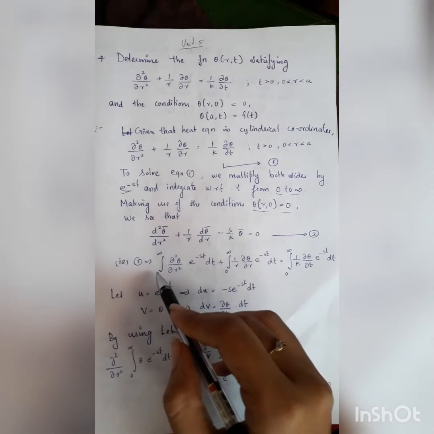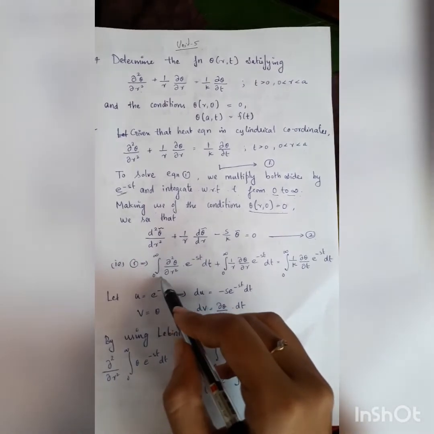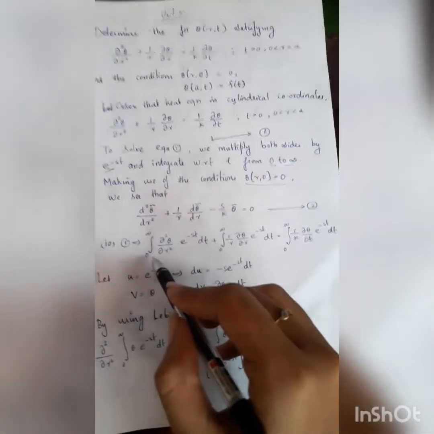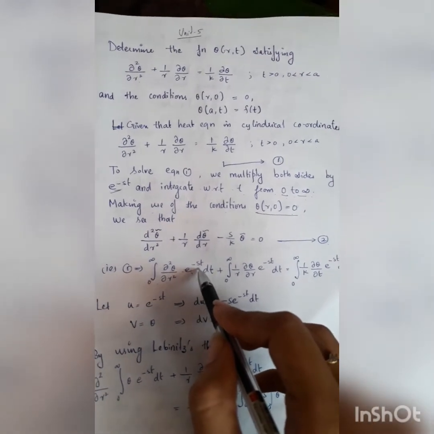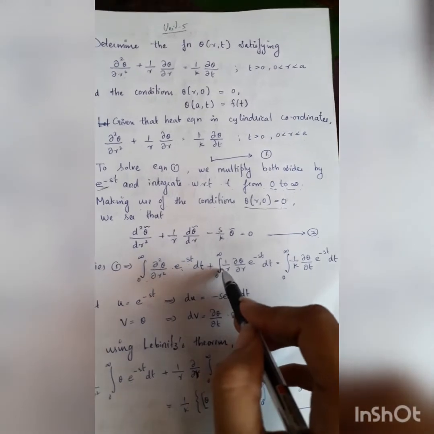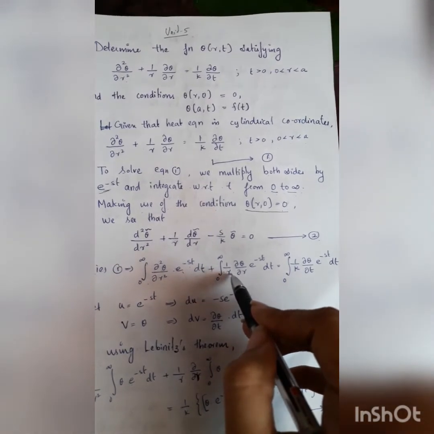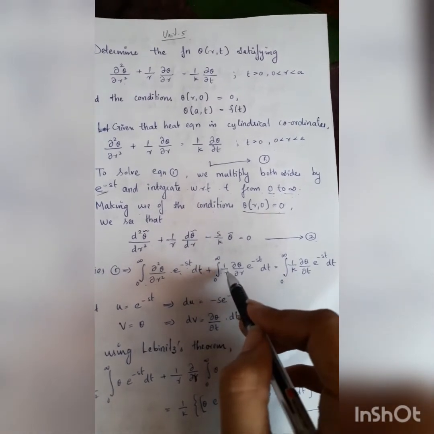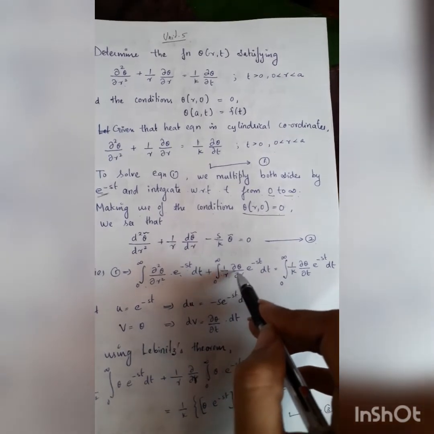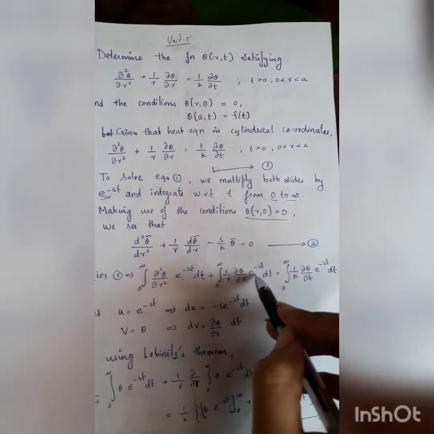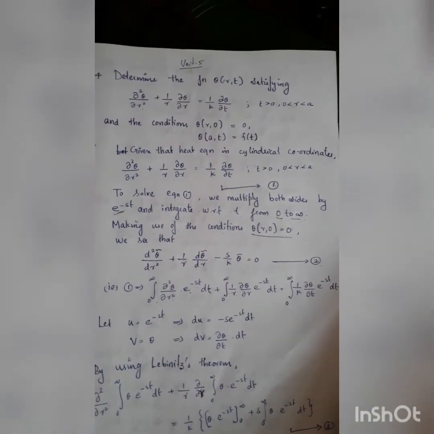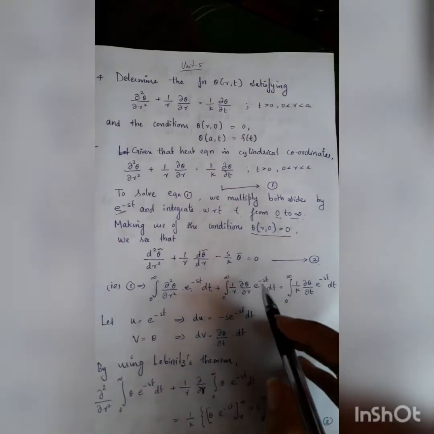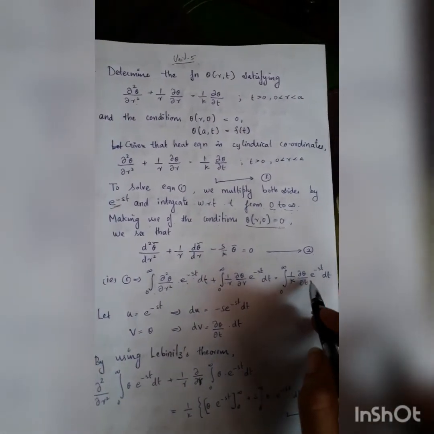So the integral from 0 to infinity of ∂²θ/∂r² e power minus st dt, plus the integral from 0 to infinity of (1/r) ∂θ/∂r into e power minus st dt, is equal to the integral from 0 to infinity of (1/k) ∂θ/∂t into e power minus st dt.